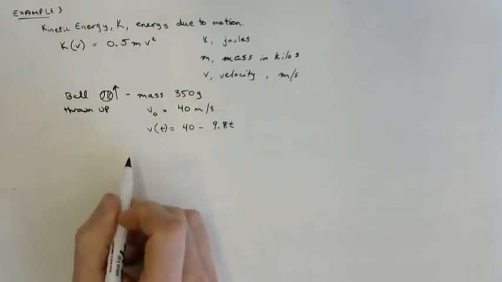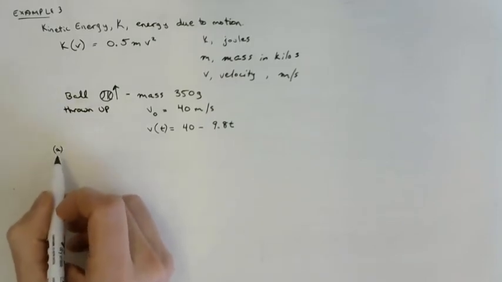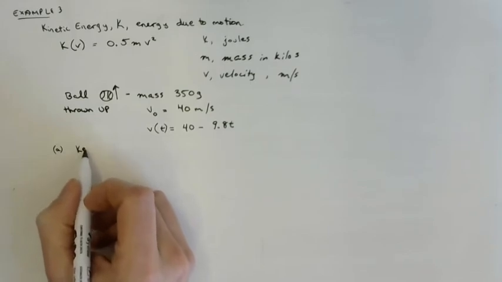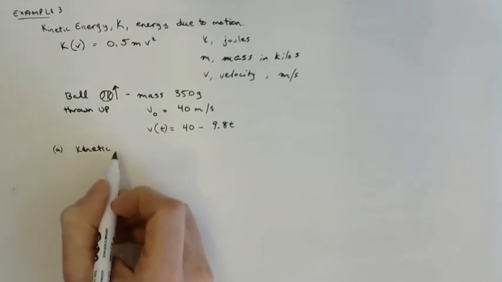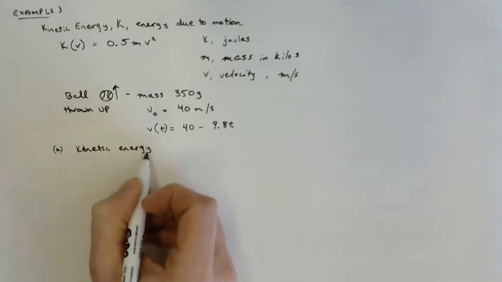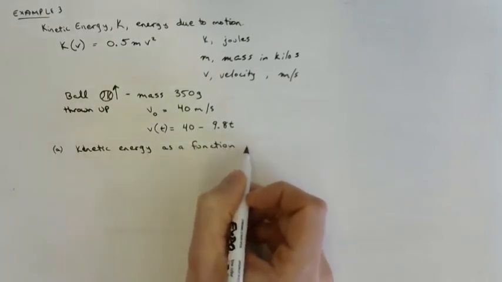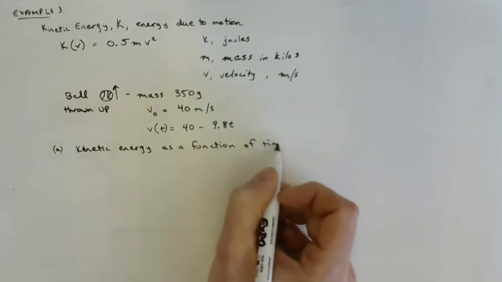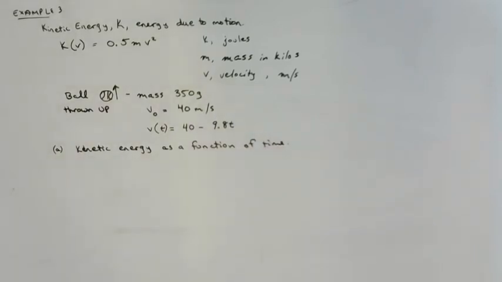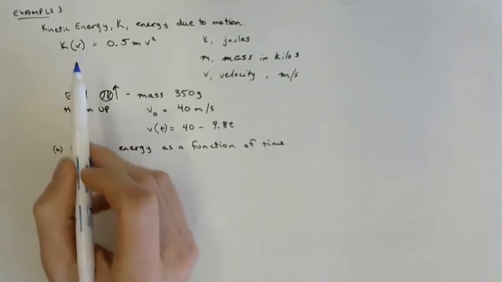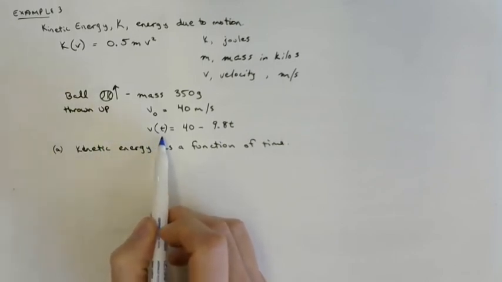What do we need to do? We need to, A, express kinetic energy of the ball as a function of time. So we have K with respect to v, and we have v with respect to t, and we need K with respect to t.